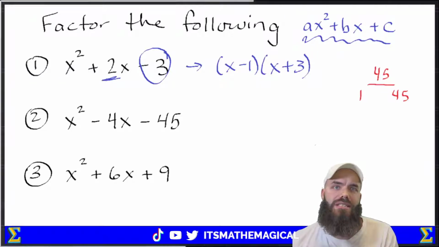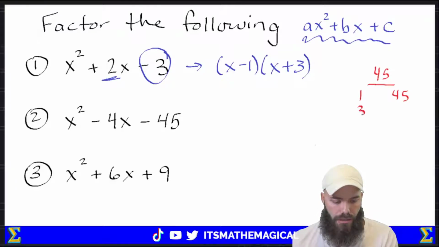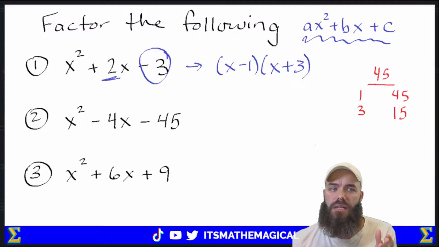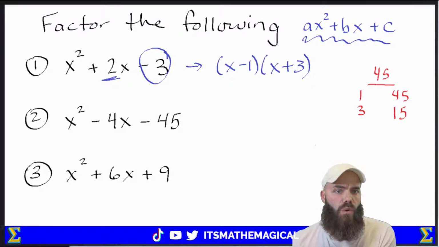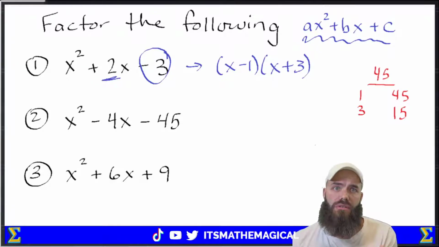So think to yourself, is it divisible by 3? Well, yeah, it is. 3 times 15 gives me 45. But 3 and 15, I can't combine in any way to give me -4 when adding those values. So let's go to another set.